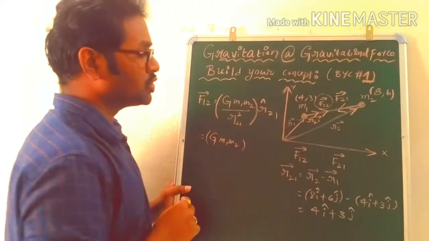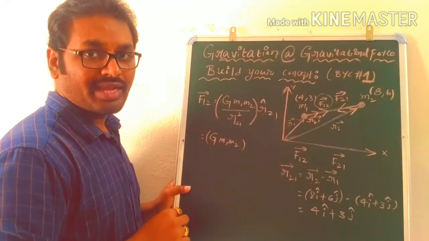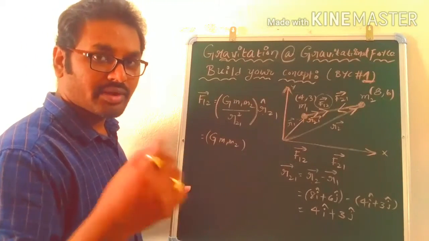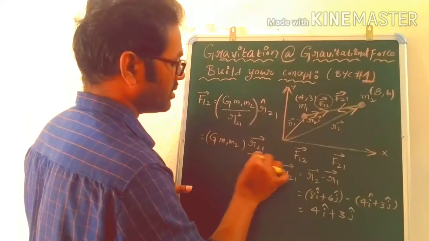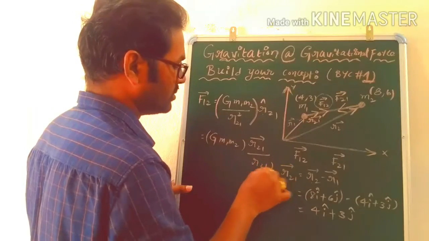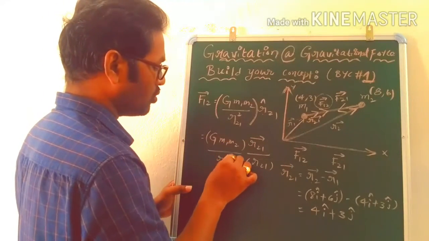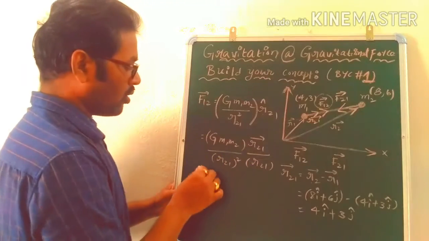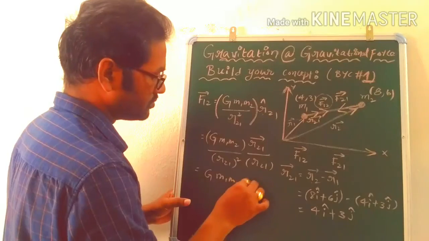What is the R21 cap unit vector? Any unit vector can be expressed as a vector divided by its magnitude. So write it as R21 bar divided by R21, and divided by R21 whole square, and all together you will get G M1 M2.